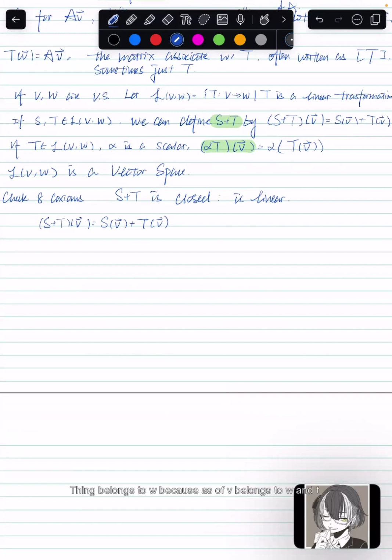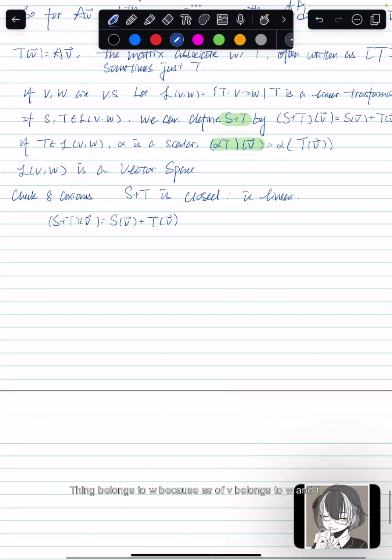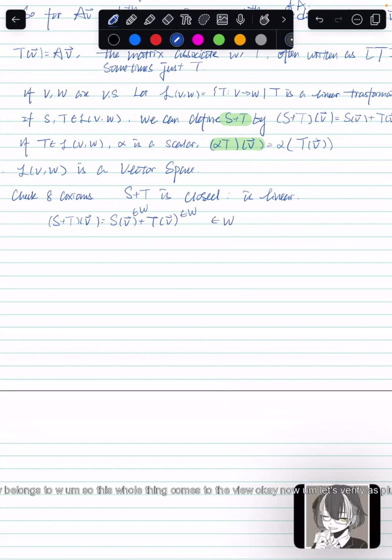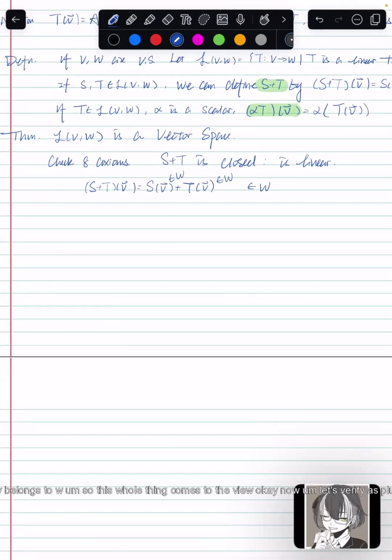And this whole thing belongs to W because S(V) belongs to W and T(V) belongs to W. Okay, now let's verify (S plus T) of alpha U plus beta V.